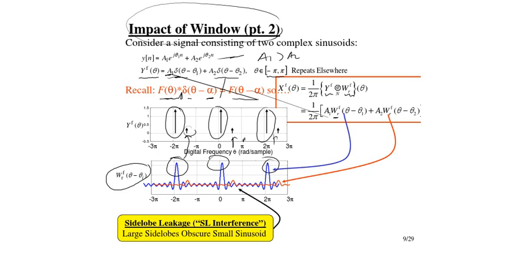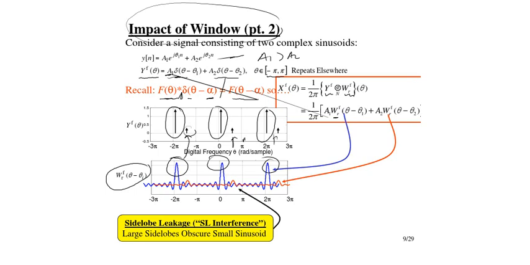So you can see that this red curve is mixed with the side lobes of the first signal, right? So in this case, basically we are not able to find the other frequency component, although there were two frequency components in the original signal. So this is called side lobe leakage or side lobe interference.